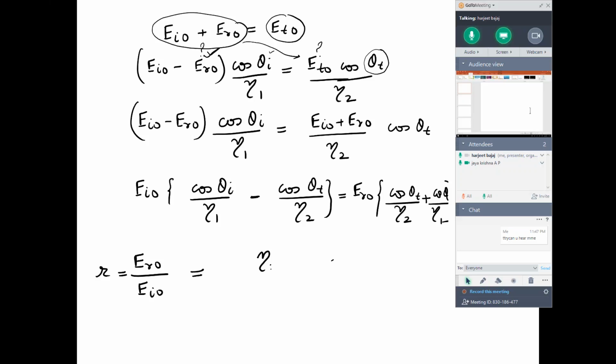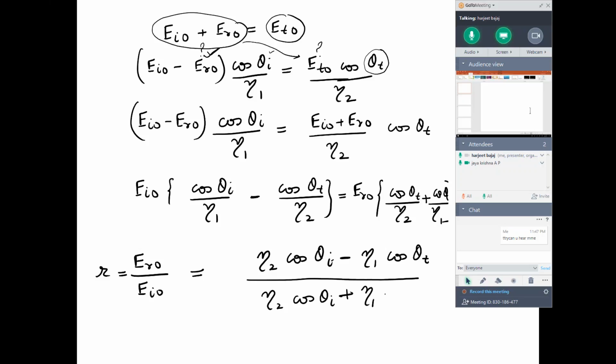It would be η₂ cos θᵢ minus η₁ cos θₜ by η₂ cos θᵢ plus η₁ cos θₜ. A good way to remember is medium 2 property multiplied by angle in 1 minus medium 1 property multiplied by angle in 2, medium 2.